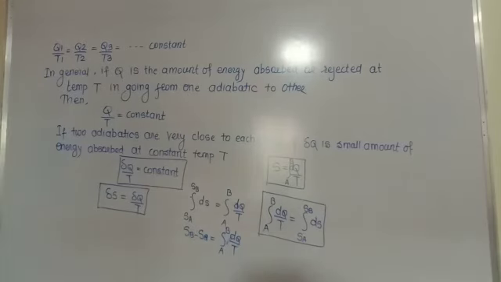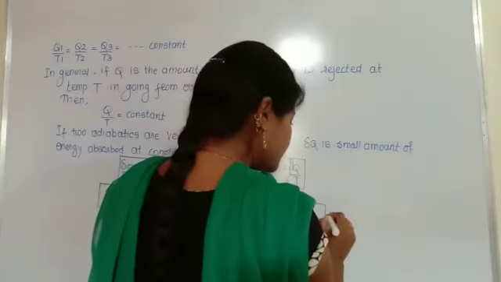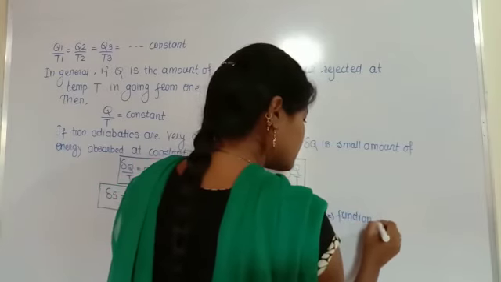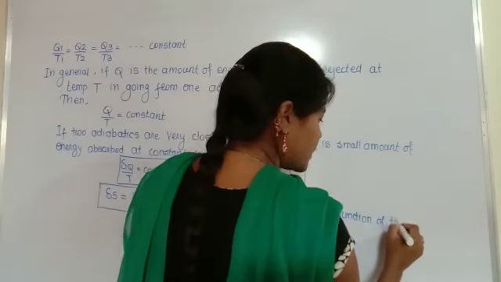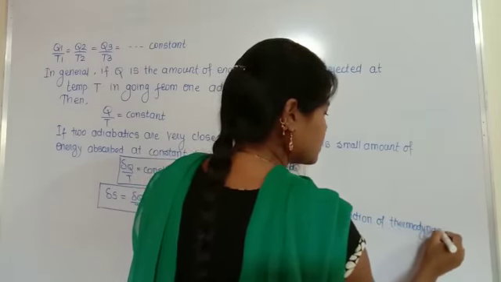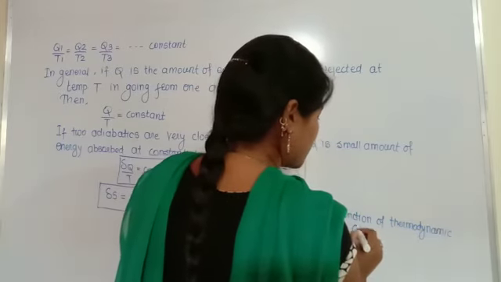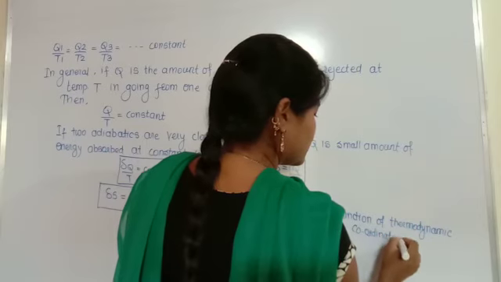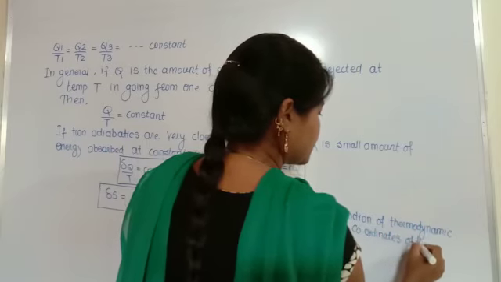So the integration from A to B of dq by T is equal to the integration from SA to SB of ds, which is a function of the thermodynamic coordinates of the system.